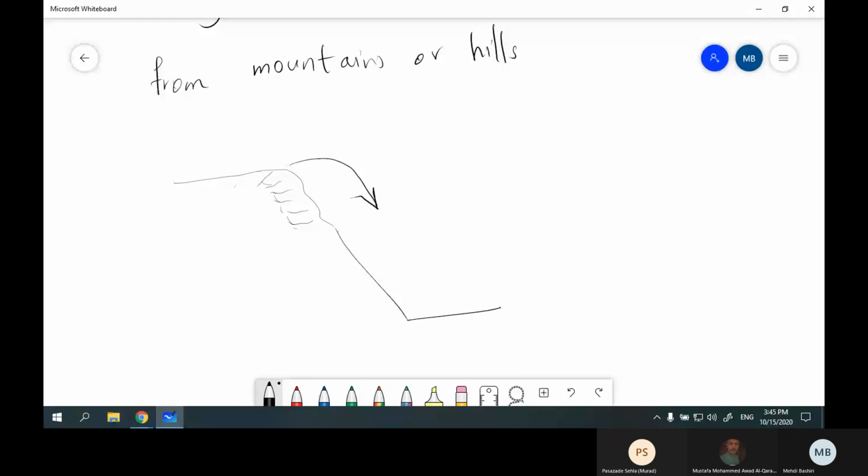So we call this rock fall. And it's obvious that we may have problems with the parts that are down the road. Sometimes we have a building here, sometimes we have a road. Cars and trucks are in danger because of this phenomenon.